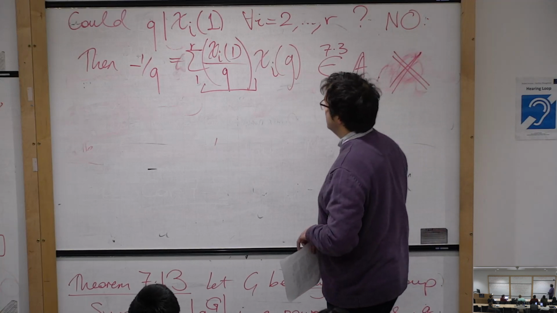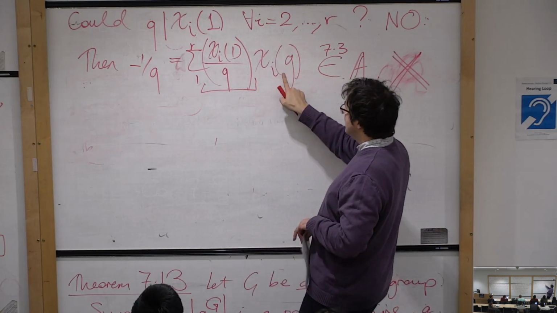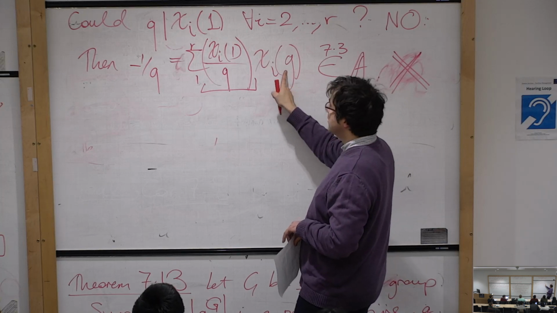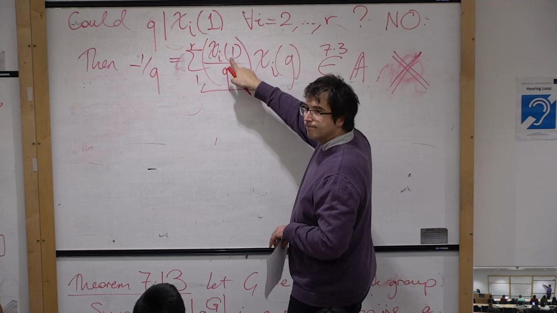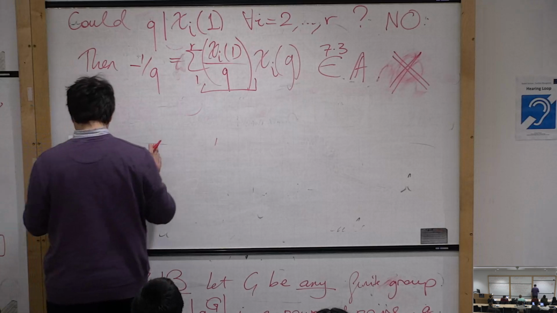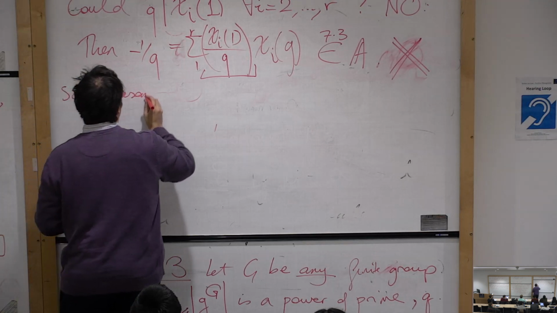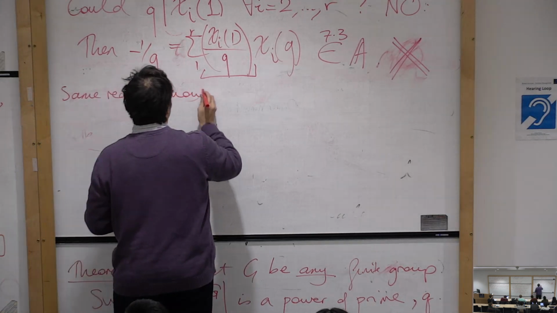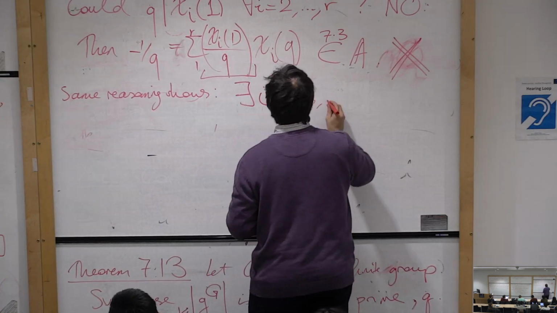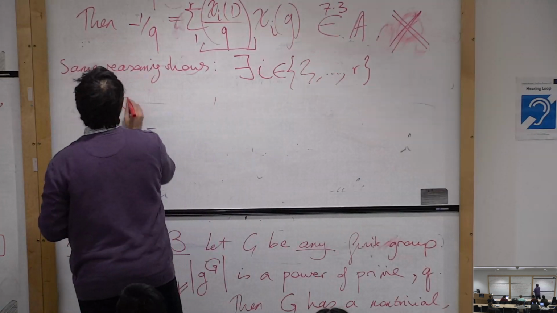But we can do a bit better with that actually. In this sum, maybe some of these character values are actually 0. And if they are 0, then it doesn't matter whether or not q divides this number. I'll still get the same result. So the same reasoning shows that there must exist at least one index, one irreducible representation I, such that two things happen.